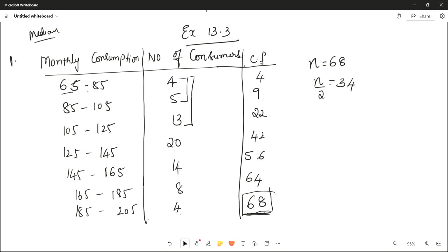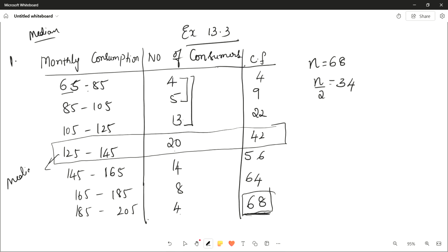In the CF column, we look for the value more than 34. This will be the median class. See, the total sum is 68, and N by 2, half of that, is 34.